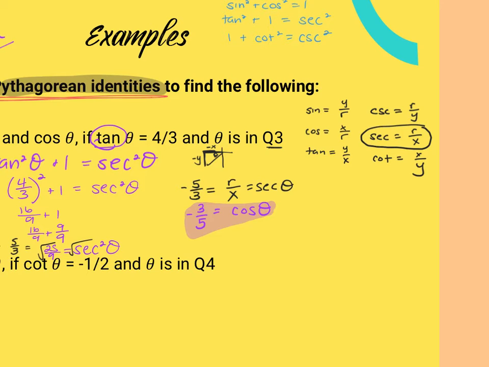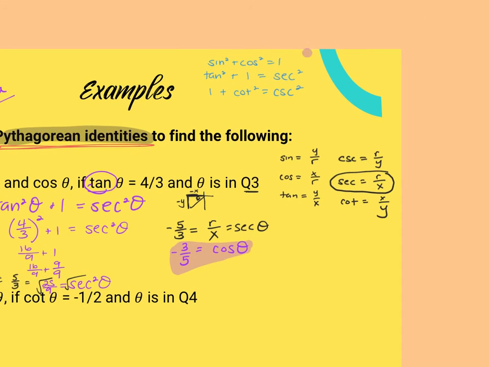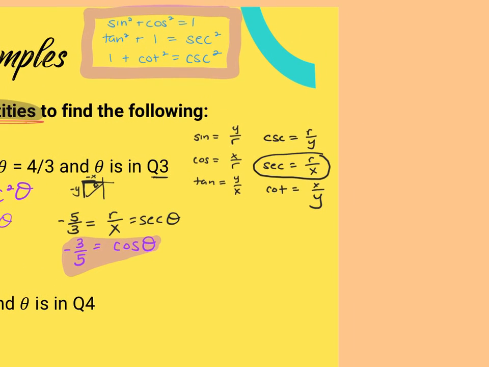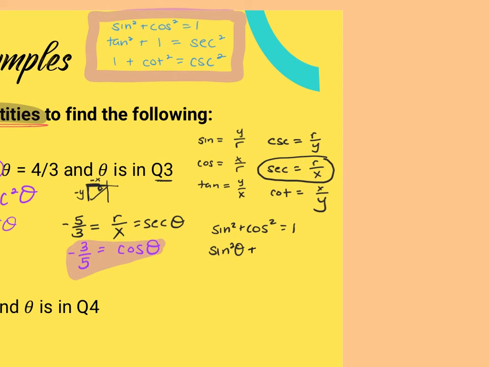Okay, so now I've got cosine, and I want to get to sine. What Pythagorean identity can I use to get from cosine to sine? Good. Sine squared plus cosine squared equals 1. Sine squared is what I don't know. I'll put the theta in there so I know the angle's there.